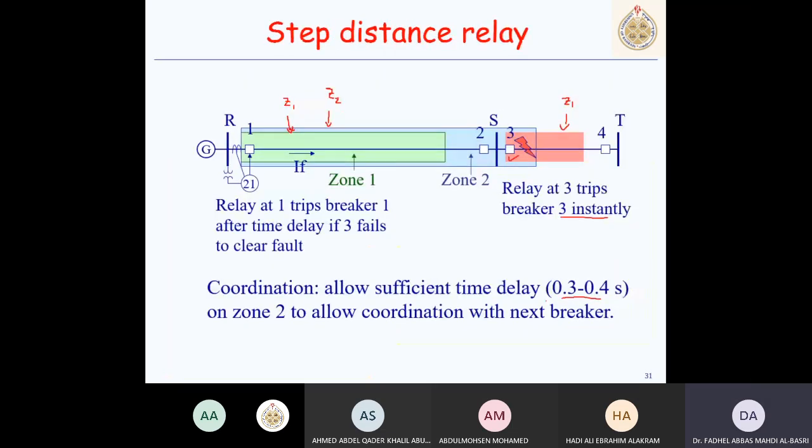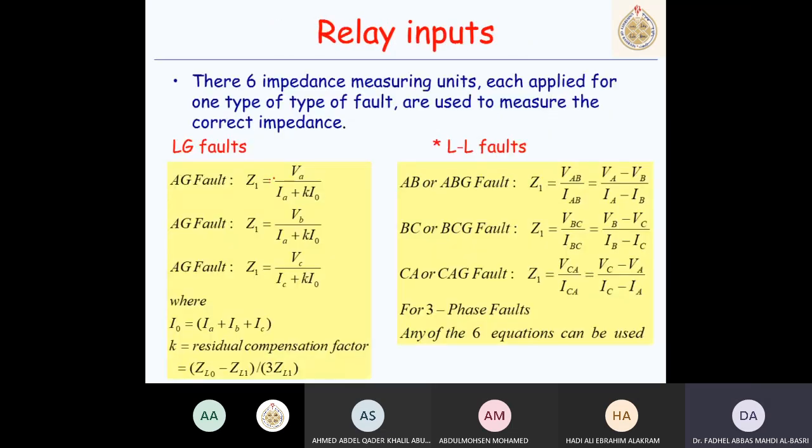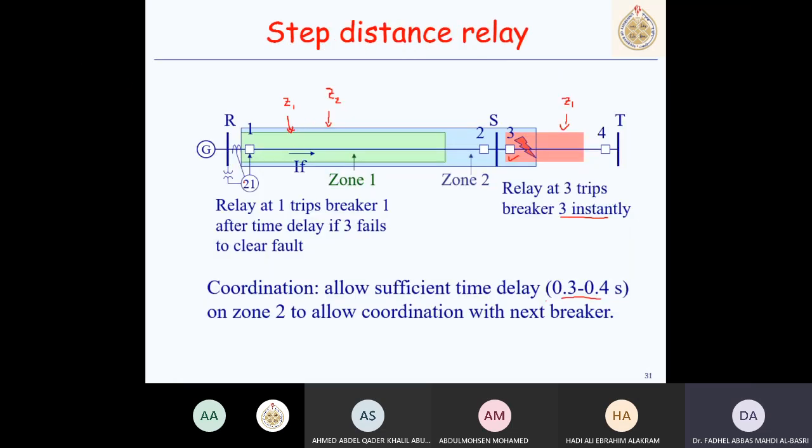Now, how does our relay measure the impedance? How does the relay 21 distance relay measure the fault impedance correctly? We want to measure the positive sequence impedance correctly for different types of faults.